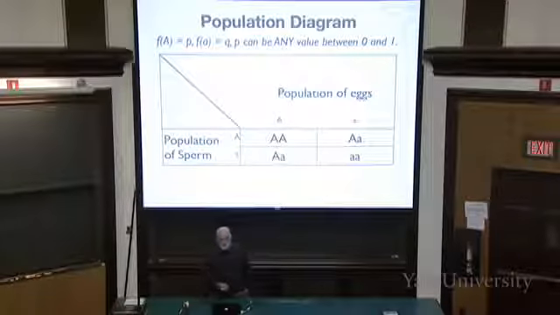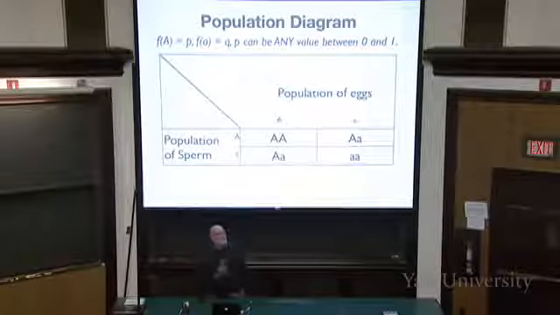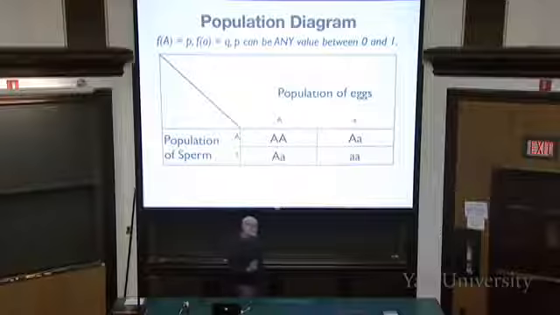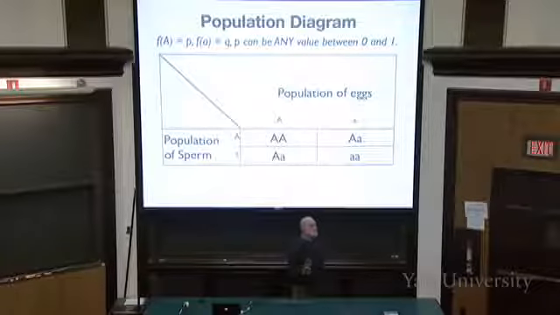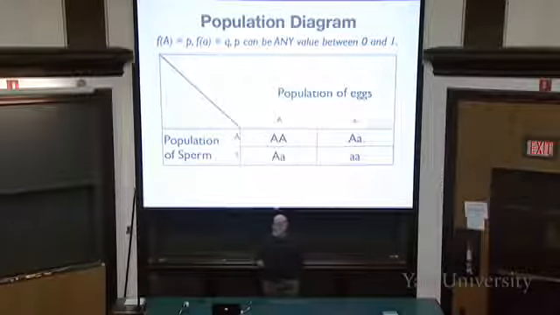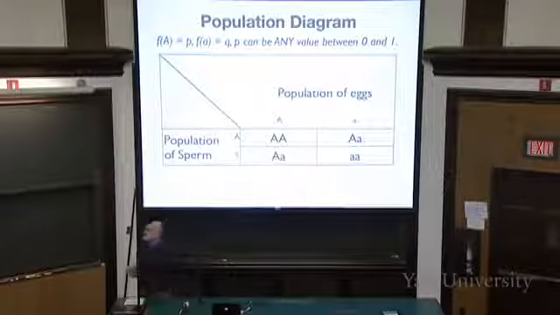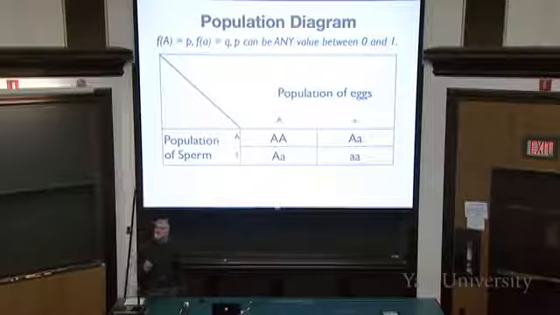And the frequency of big A we will call P, and the frequency of little a we'll call Q. And it's important to remember, and this is a place where people just getting into it often get fouled up, P and Q can be anything between 0 and 1. They're not 50%, okay? They can be anything between 0 and 1.